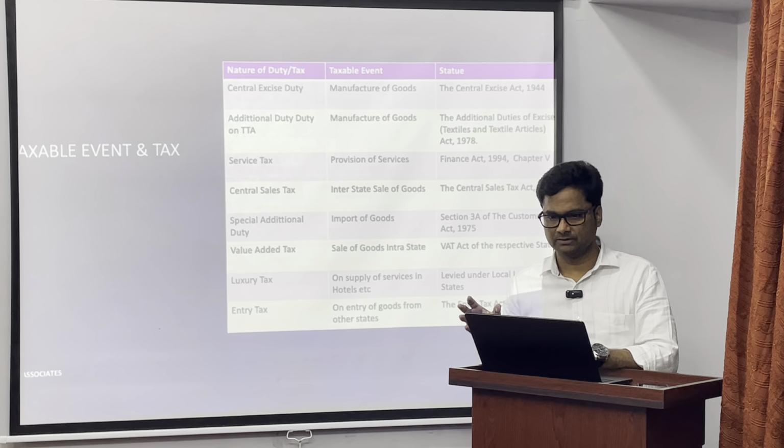Whereas if you see the Constitution of India, Schedule 7, Union list, state list, concurrent list. Service tax cannot be levied by state. Excise duty cannot be levied by state. Service tax also cannot be levied by state. VAT cannot be levied by center. They have limitations.